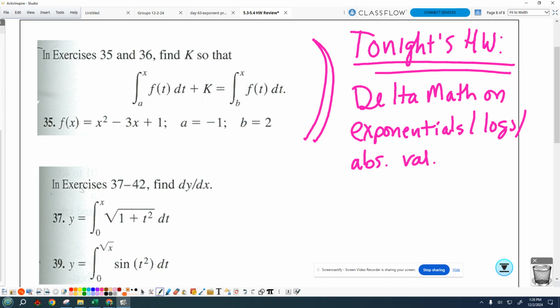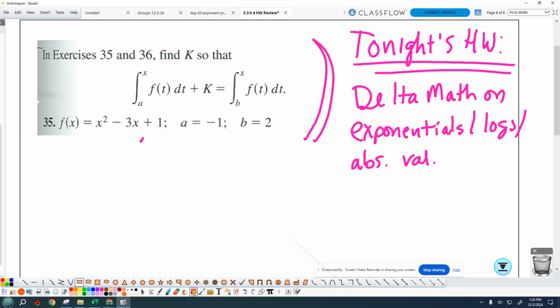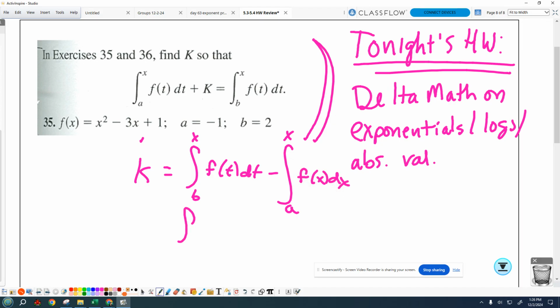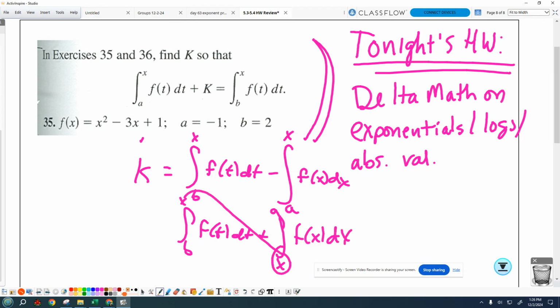I would just plug in the numbers you have for A and B. Okay, that would be the long way. And what's the short way? Well, K is maybe just one minus this. So I could just integrate from A to B the function, which is still not trivial.